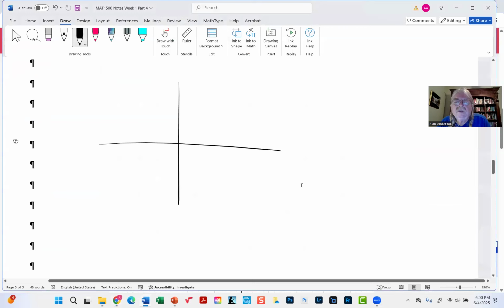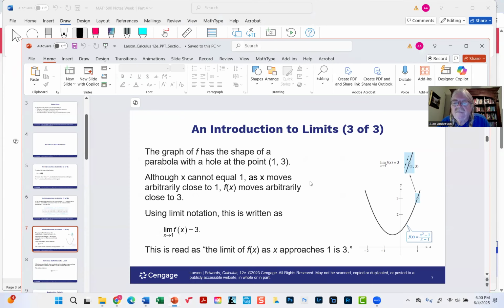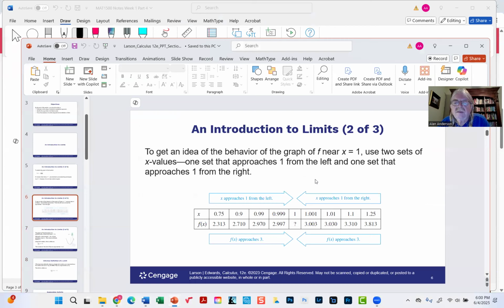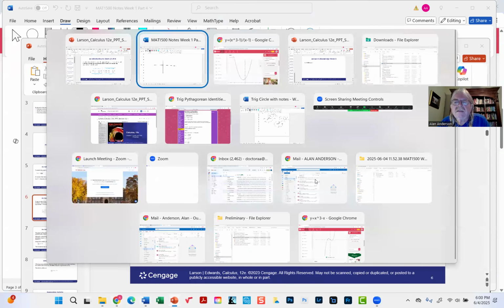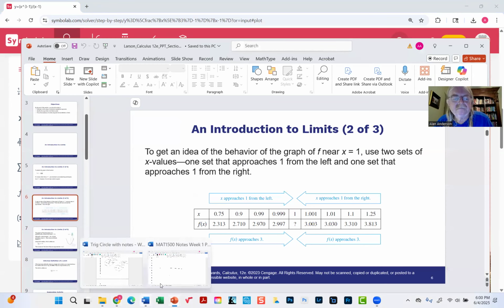So now what they want us to see is that if we get closer and closer to that point, what if I want to know the value of the function? Let me just try a few cases.